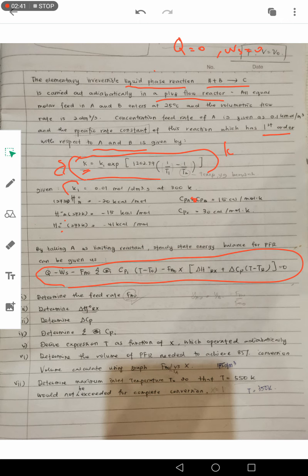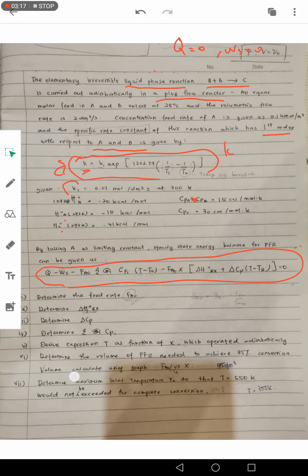So with all of this information, first the question asks you to find the feed rate. The question asks to find the heat of reaction, delta Cp, the heat capacity for all species. Kemudian dia suruh derive expression T as a function of X, which it is operated diabatically. Kemudian dah dapat semua info ni, dia suruh cari volume of PFR needed if the conversion achieved is 85%.